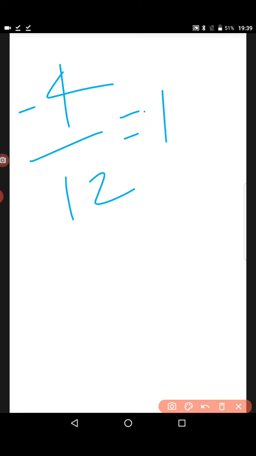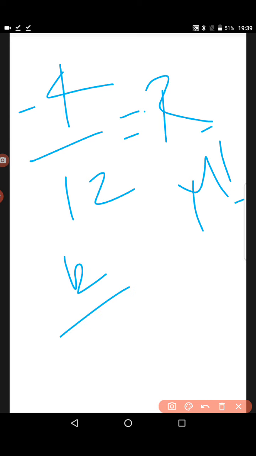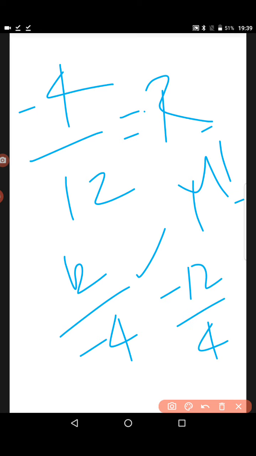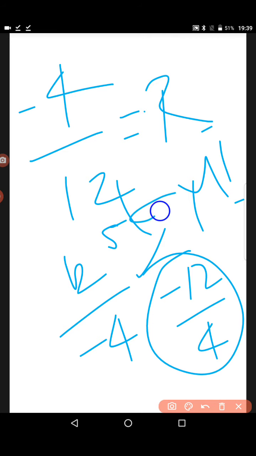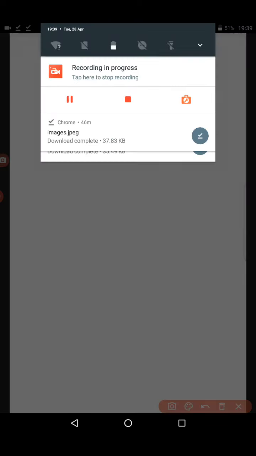If you are finding the reciprocal, you will be thinking it is 12 by minus 4. It's wrong. This is the correct answer only, but that minus sign should be above. So minus 12 by 4. So this will be the standard form. Sometimes they will ask for standard forms only. That time it is very important for us to do that.